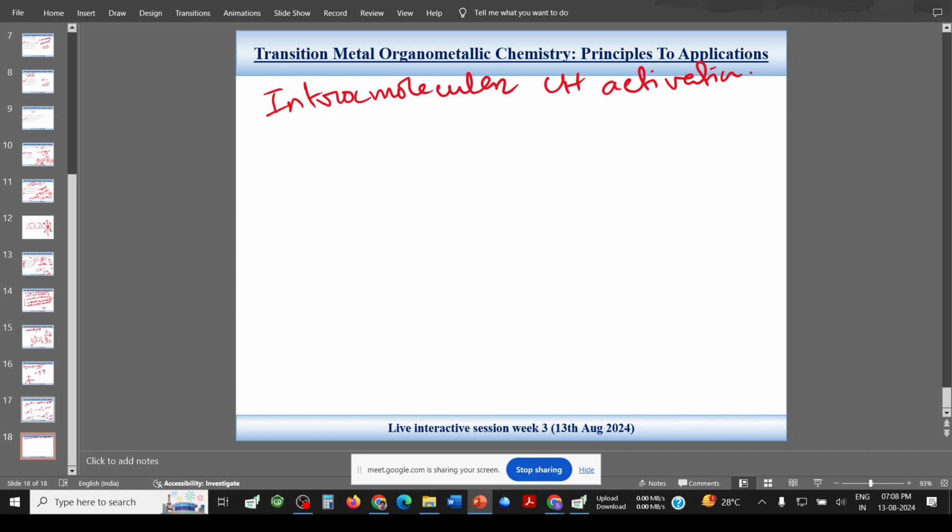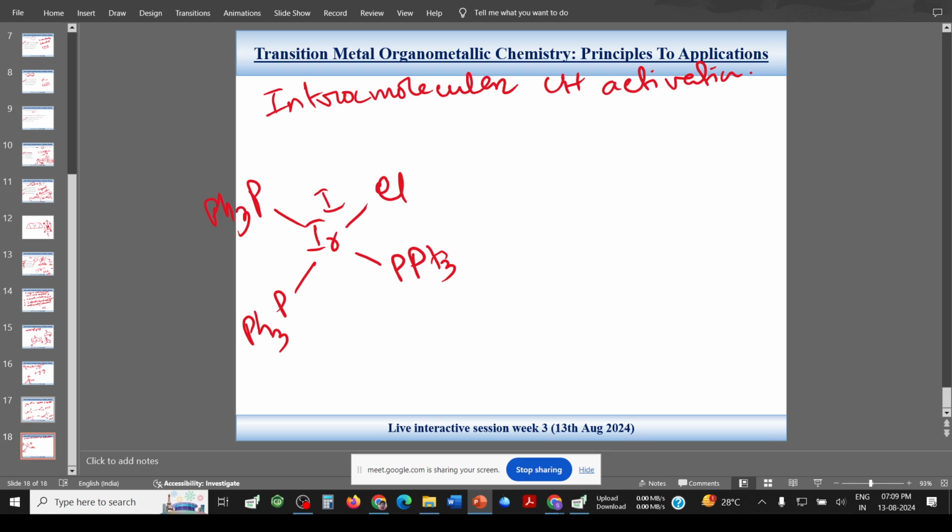For that we take, for example, the complex iridium Cl(PPh3)3. Here the oxidation state of iridium is +1, and we have three phenyl rings attached to each of the three phosphine groups.